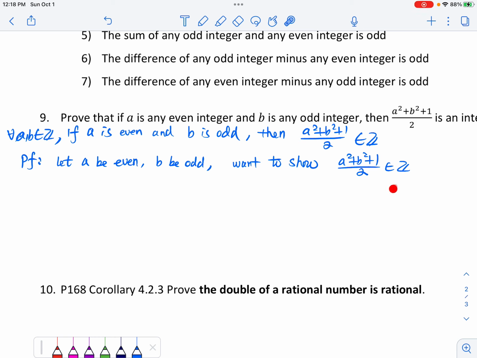To show something is an integer, sometimes you may not be able to figure out what it takes. Some of you may think, in order for this to be an integer, if I can show the numerator is even, then even divided by 2 divides evenly, so the result is going to be an integer. If you have a little more thought about it, that gives you a hint on what you want to get to.